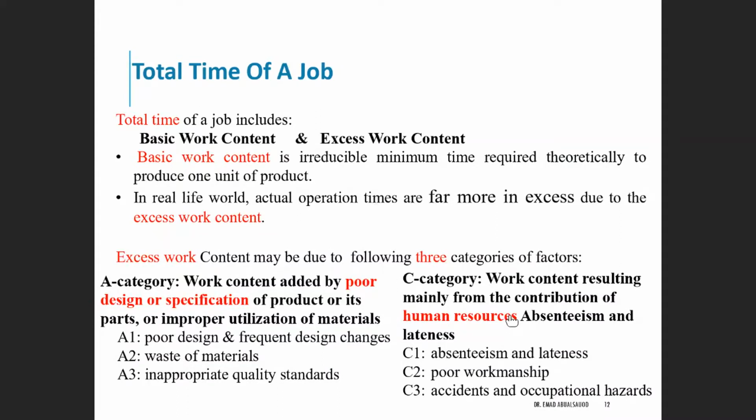So this is one of the things that can cause excess work that can be reduced.